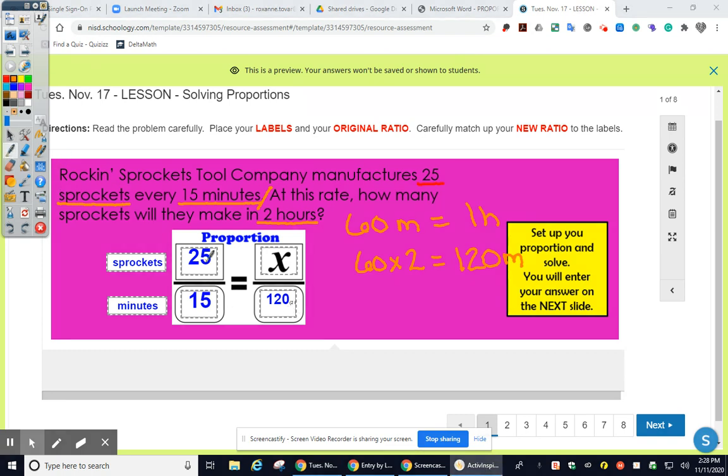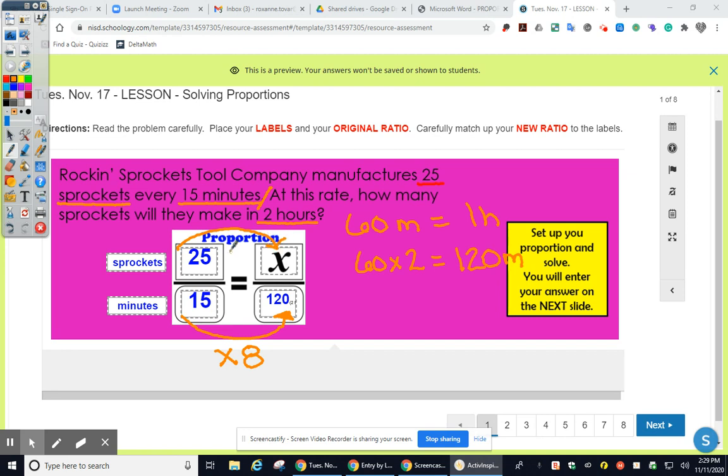All right, so now I'm going to do some math. We're going to solve. Here we're just going to set up our proportion, and the next one we're going to actually solve our answer. So let's use scale factor. Let's ask ourselves, how do we get from 15 to 120? 15 times 8 is 120. So remember, this is our scale factor. Whatever we do to the bottom, we must also do to the top.